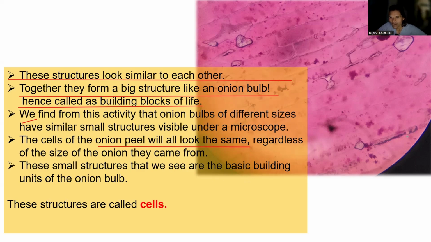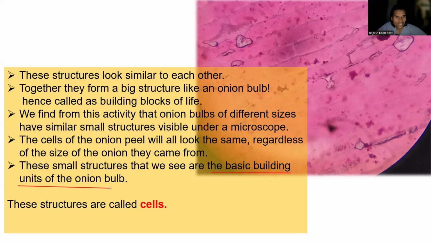Let me underline it for you. What is this? The basic building unit of the onion bulb. It is called the cell, and these things are known as the cell.